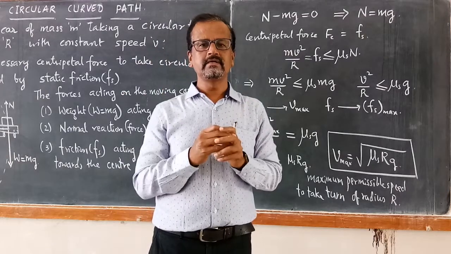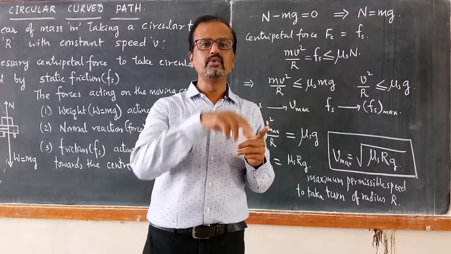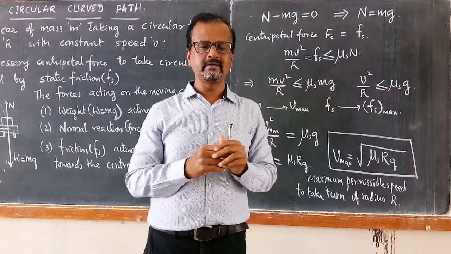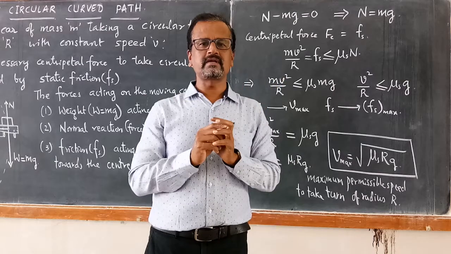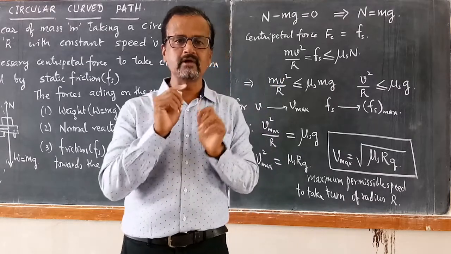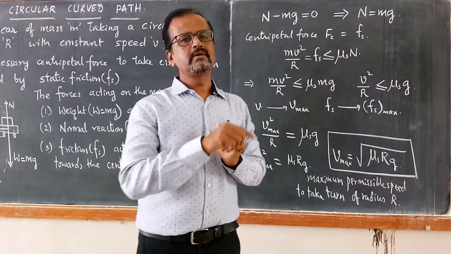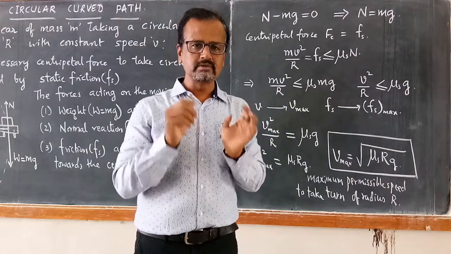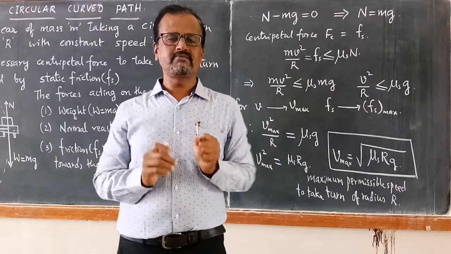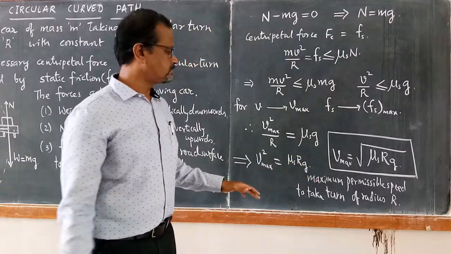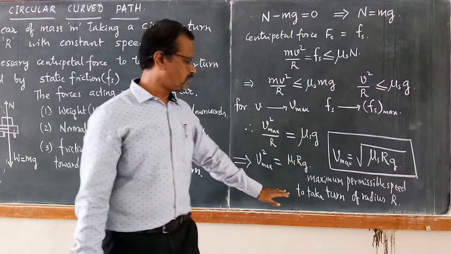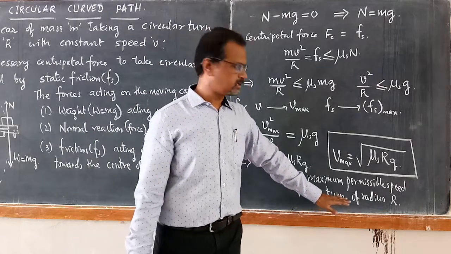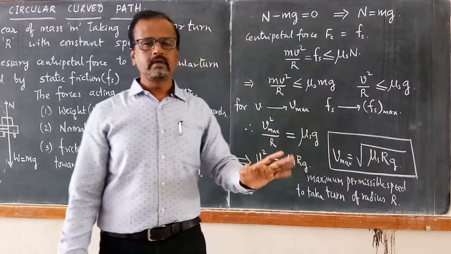You must have seen in ghat sections where U-turns are there, signboard will be there. 10 km per hour, 20 km per hour, so that the vehicle should reduce the speed and take the turn safely. So this is the maximum permissible speed for taking a circular turn of radius r.